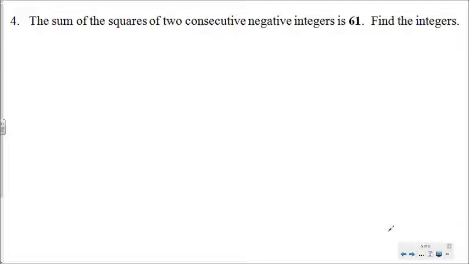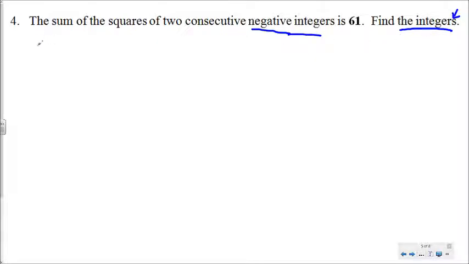Okay. In this one, it says the sum of the squares of two consecutive negative integers is 61. Find the integers. Notice that this is plural, meaning I'm going to have to find two values.